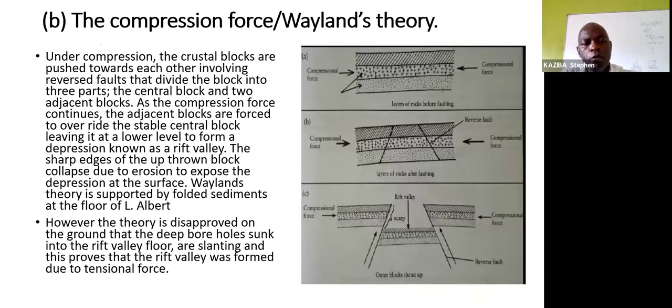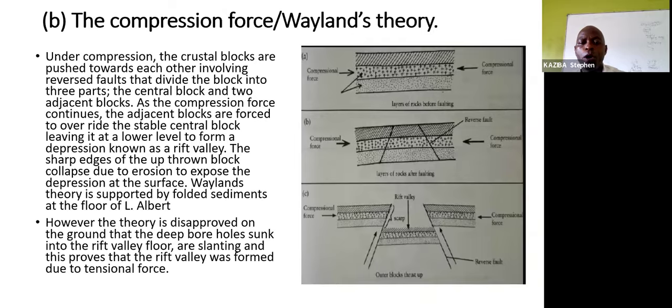Then further action by compression forces makes the 2 outer blocks override the center block. And then when they override, the overhanging sides are worn down by erosion to create an open Rift Valley.